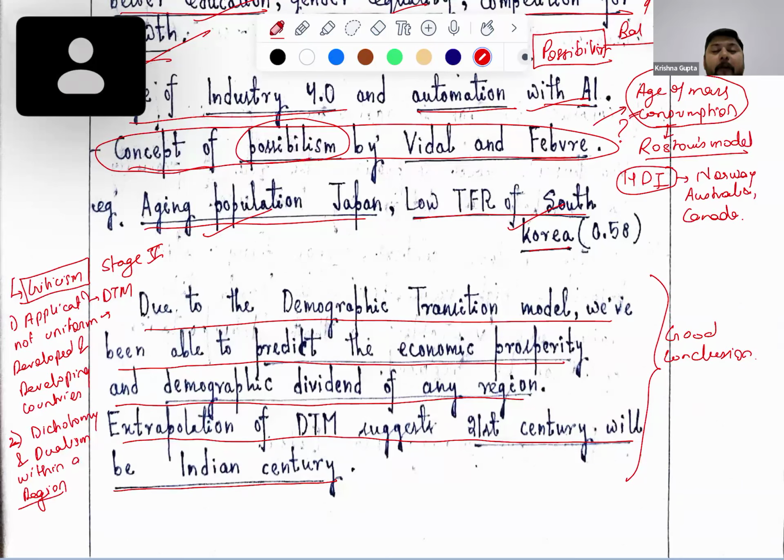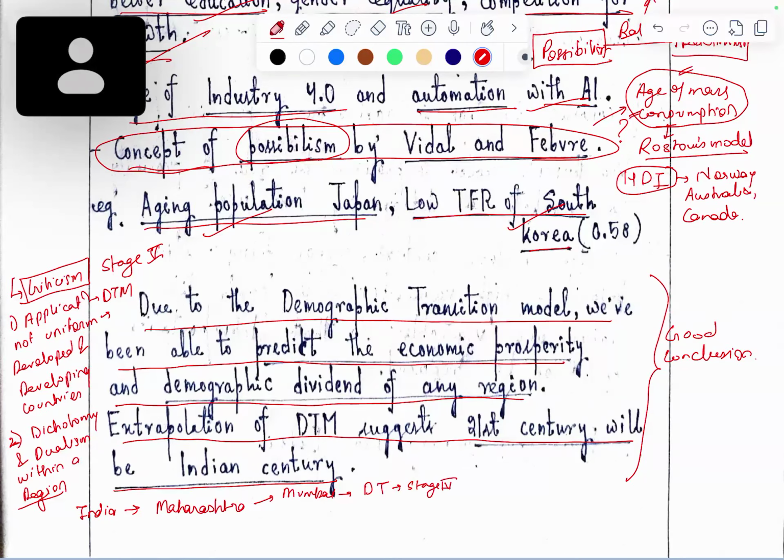For example, if we talk about India, in India, if I take one single state, for example, Maharashtra. In Maharashtra, what I will see is that in Mumbai, for example, here the demographic transition is almost in the stage 4.